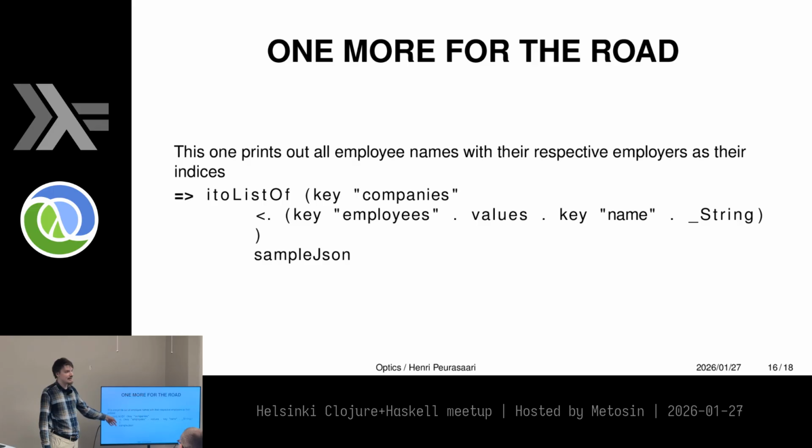Usually the indexing is right dominant, so it would just give them numbers: this is the 0th employee, this is the 1st employee, this is the 3rd employee, and then for the next company again, this is the 0th, this is this, this is that. But since we are going left associative, it puts the company name in there. So we'll get that information. And we get a neat list of all of the people that are employed by all of the companies and know what companies they are employed in.